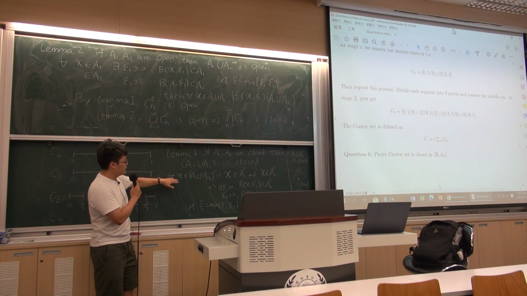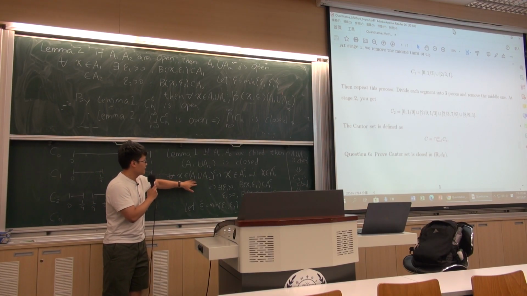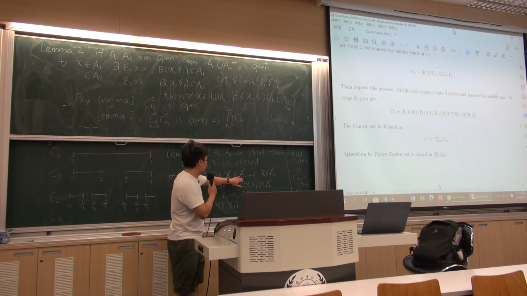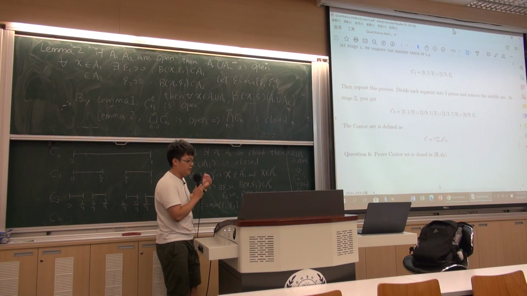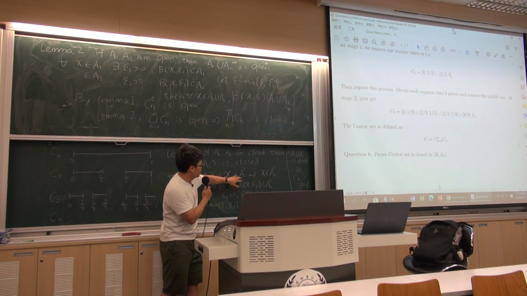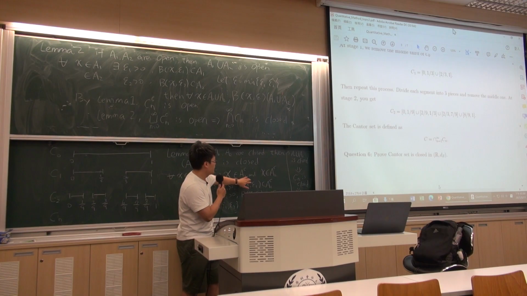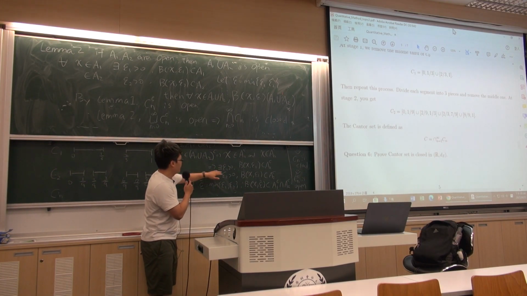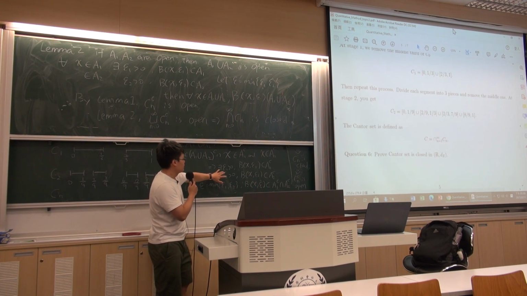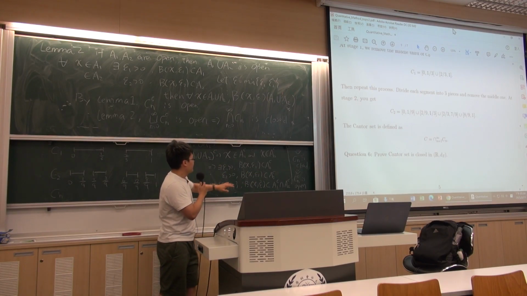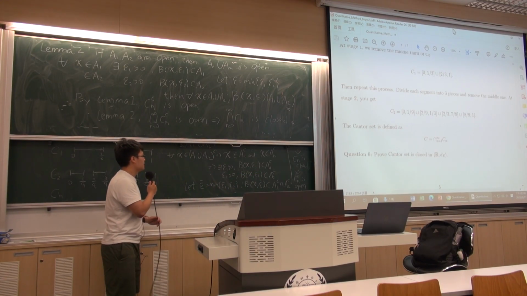For all elements x in the complement of the union, because of De Morgan's law, which I proved last Friday, x must be within the complement of A1 and the complement of A2. Because of that, I can find epsilon 1 and epsilon 2 larger than 0 and open a small ball that is contained within that complement set.